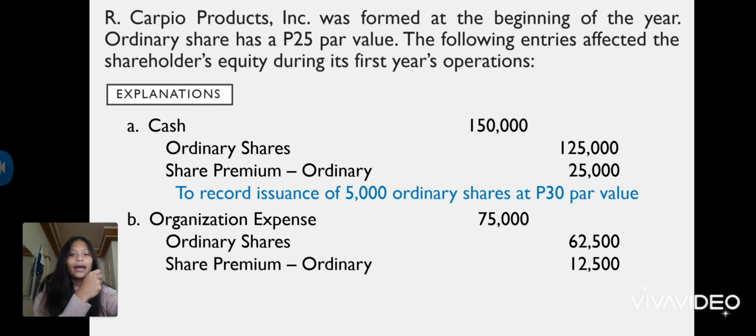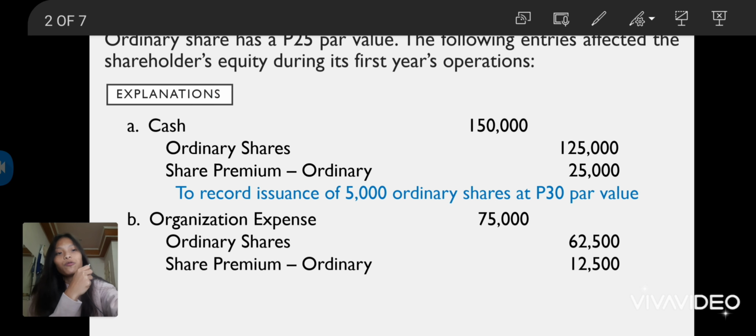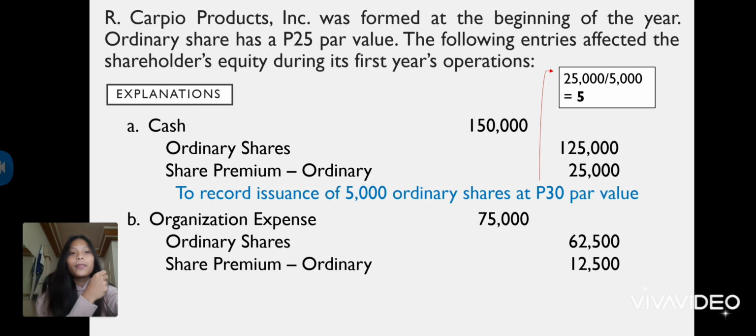After that, I divided 25,000 of share premium ordinary by the 5,000 ordinary shares issued to determine how much is the excess value from this transaction. So 25,000 divided by 5,000 will be equal to 5. So that digit will be added to the 25 par value so that we will have the 30 par value.